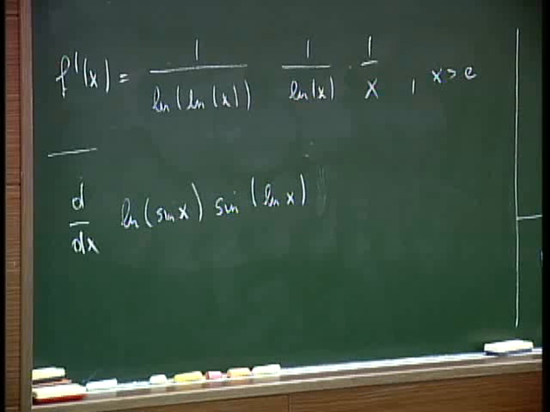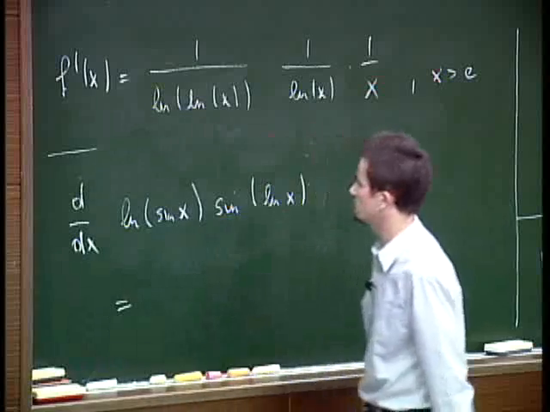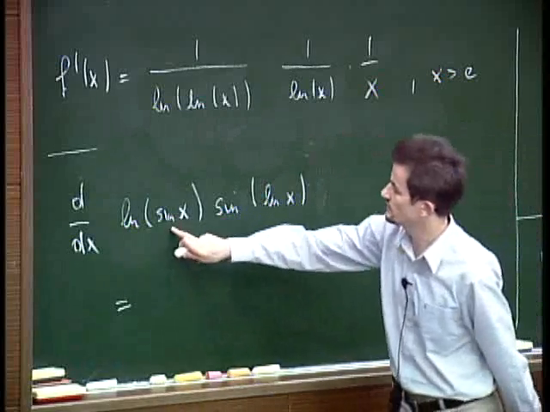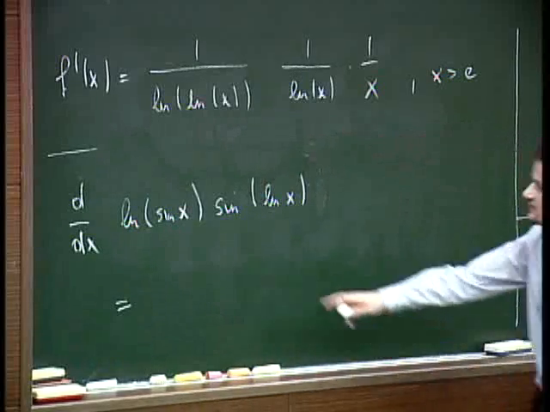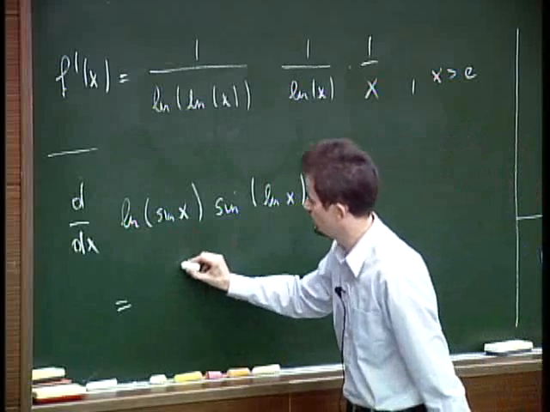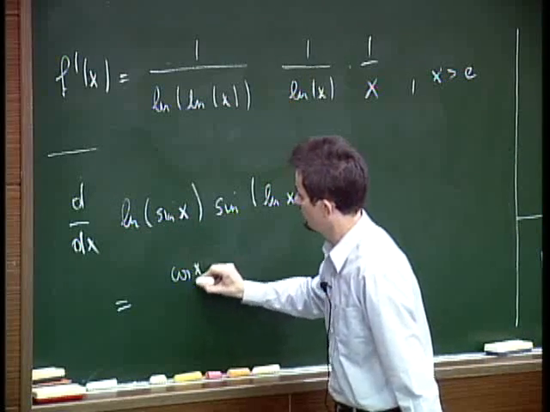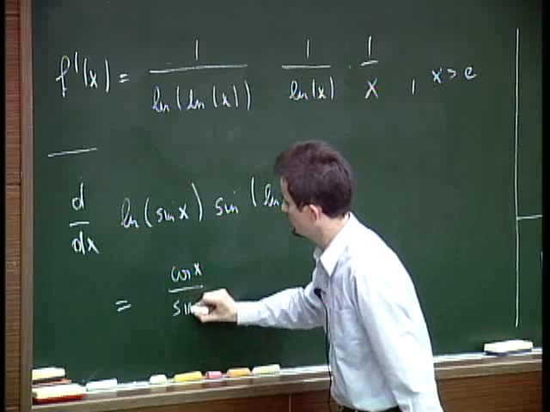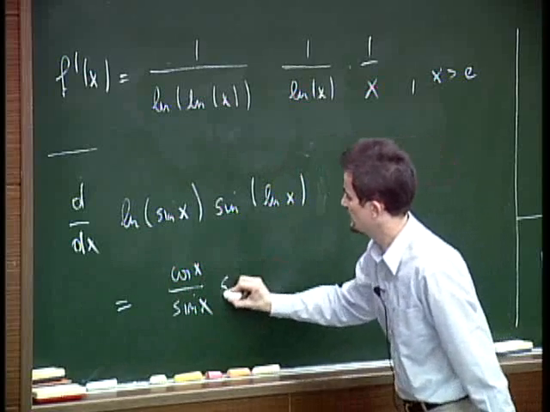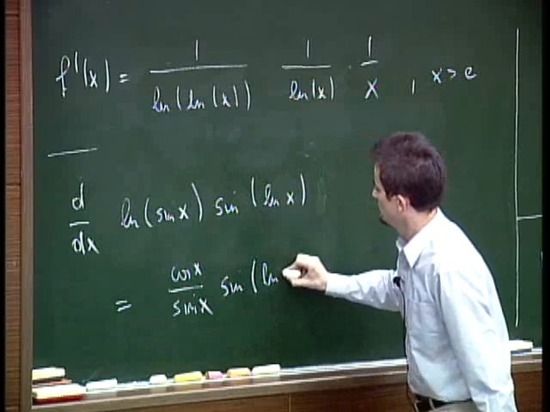Now we combine some of the rules we have discussed. Namely, what we need is the product rule. So first the product rule. We take the derivative of this function, and for this we need a chain rule. So this is 1 over sine of x times cosine of x, that is cosine of x over sine of x, times the sine of ln of x.